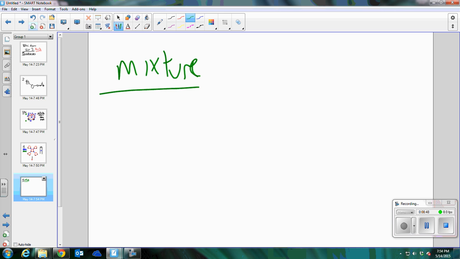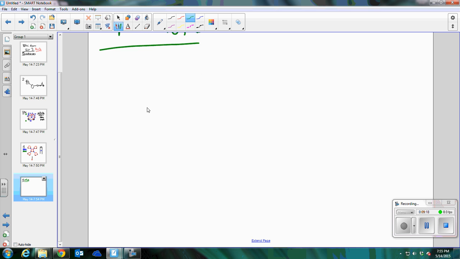I have a bowl of blue M&Ms, I have a bowl of green M&Ms, I mix them together, and I have a mixture of M&Ms. I walk outside and I breathe in the air. I'm breathing in a mixture of nitrogen and oxygen and carbon dioxide and other sorts of things. It's a mixture. Whereas a solution is a mixture in which the molecules are evenly distributed.